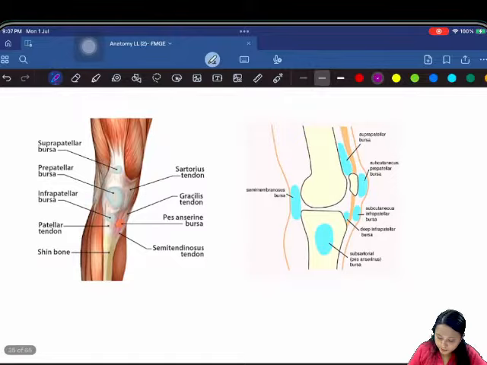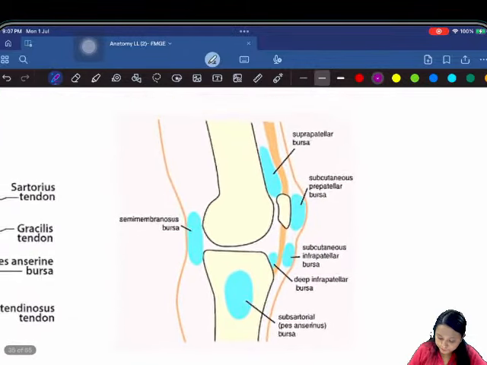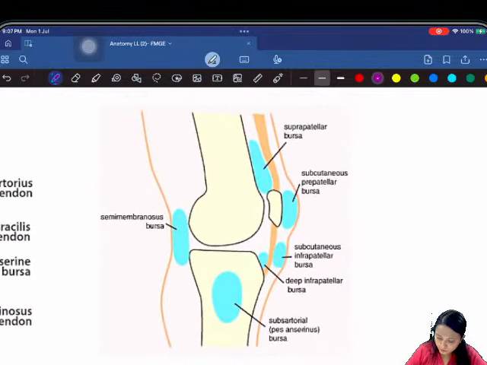Similarly, in this image you can see this is the patella bone. In front of the patella you have the prepatellar bursa, lying subcutaneously. Then below the patella you also have the subcutaneous infrapatellar bursa, and a deep infrapatellar bursa.